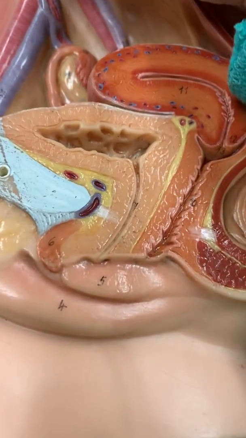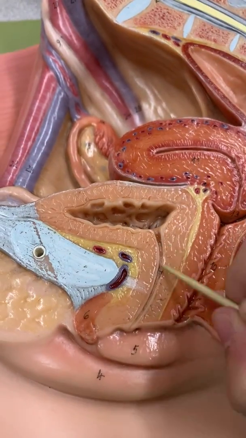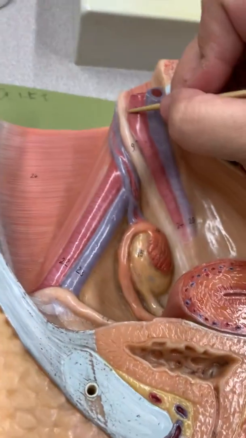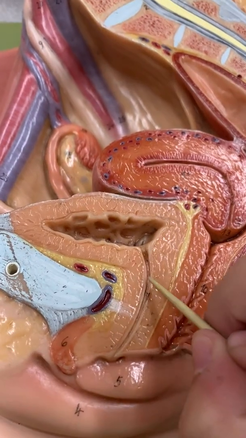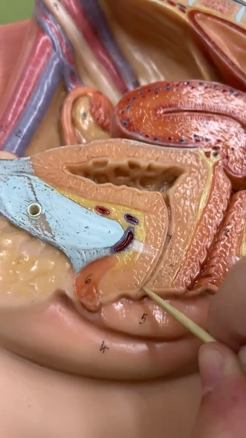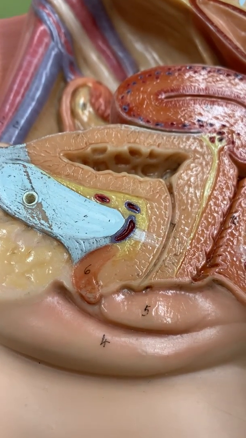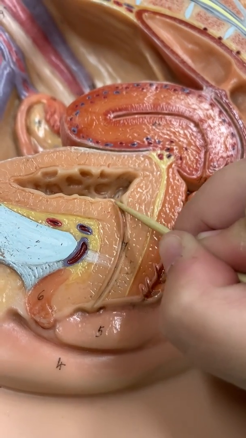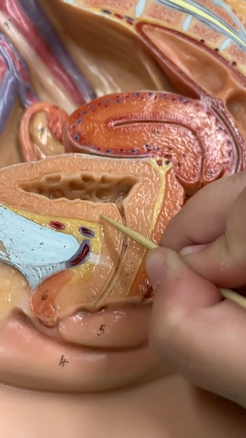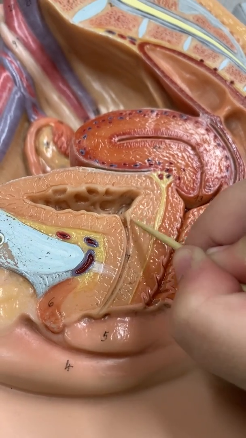Ureter, that's the word I'm looking for. I'm sorry. Ureter, urethra. I totally messed that up. Ureter, urethra. External urethral orifice, right there. Internal urethral orifice, internal urethral sphincter, right here.